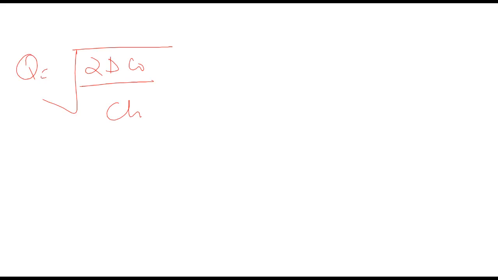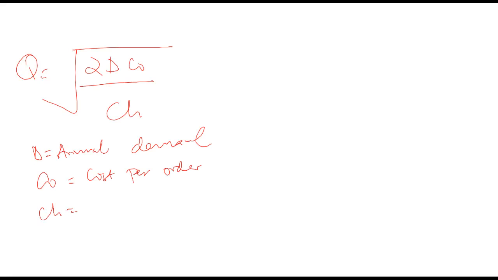The optimal reorder quantity is given by the square root of 2DCo/Ch, where D is annual demand, Co is the cost per order, and Ch is the holding cost per unit per year.